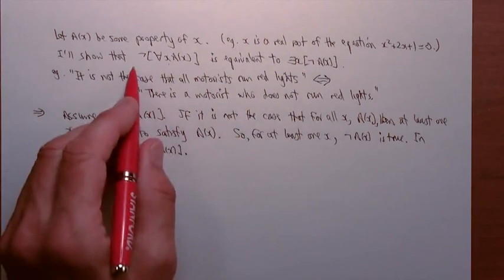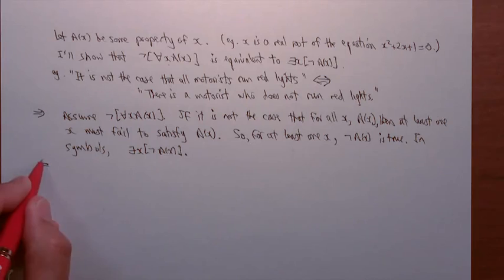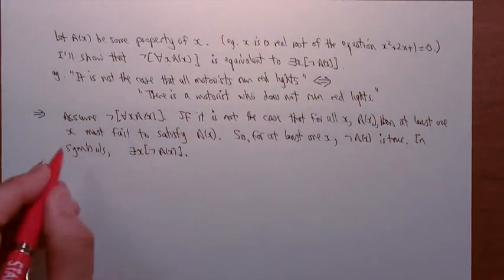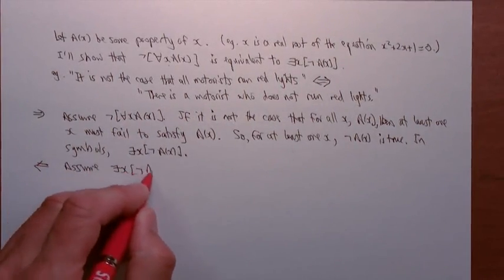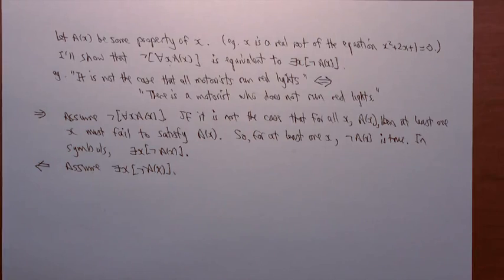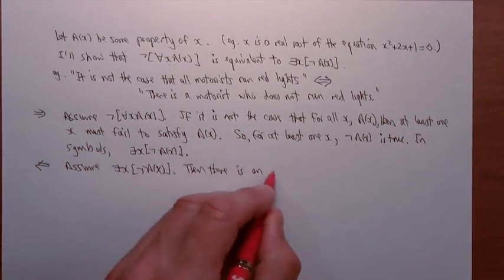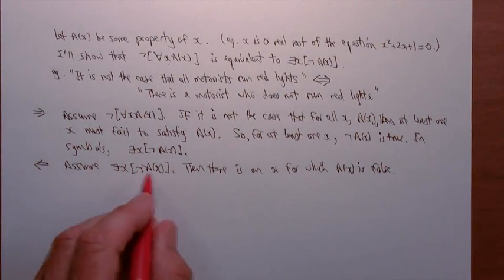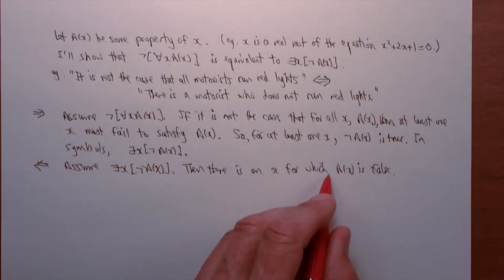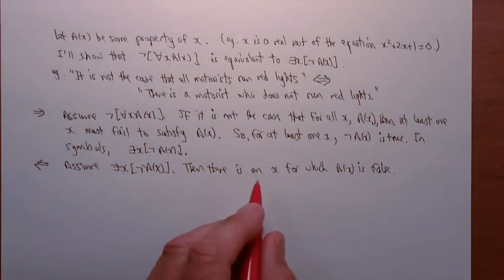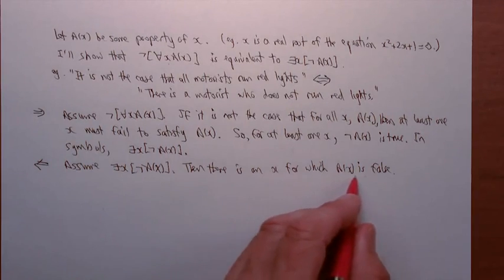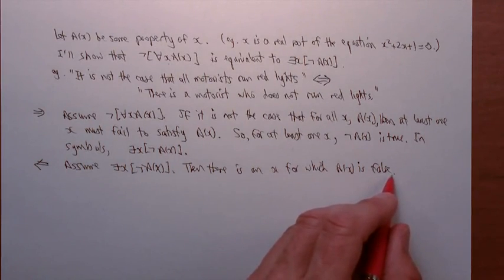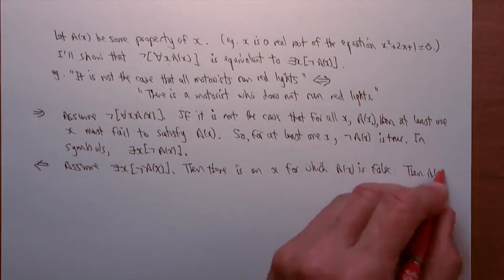Now we want to do the other implication. So, assume there exists x not A of x. Well, in this case, there's an x for which A of x is false. That's just expressing this in everyday English. Well, if there's an x for which A of x is false, then A of x cannot be true for all x.